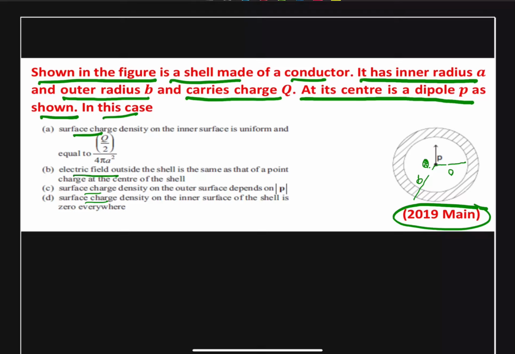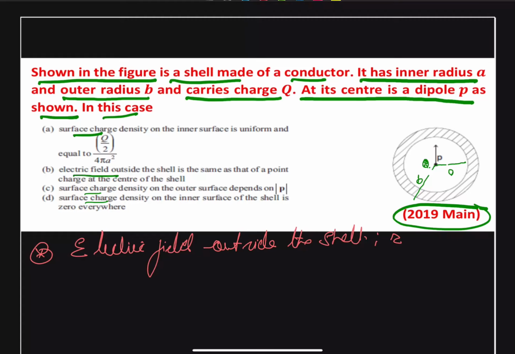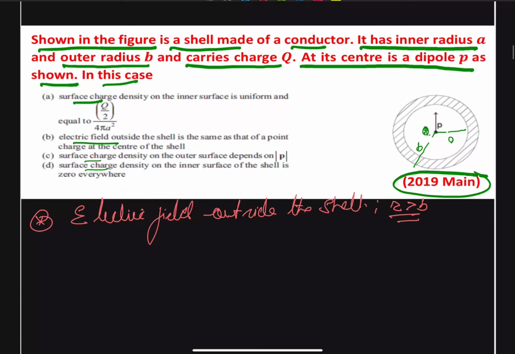Electric field outside the shell. And outside the shell basically means that our small r is greater than our B. So we can use Gauss law, which gives us that for a closed surface, electric field is equal to charge enclosed divided by epsilon naught.